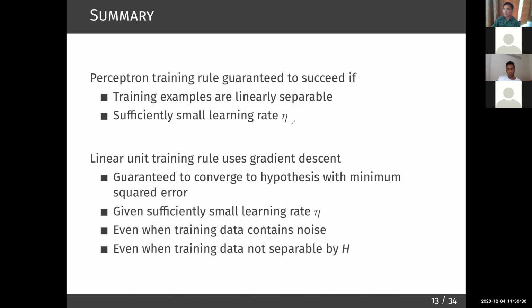The perceptron training rule is guaranteed to succeed if the training examples are linearly separable and the learning rate is sufficiently small. For the linear unit training rule, we use gradient descent because it is guaranteed to converge to the hypothesis with the minimum squared error, by setting the minimum squared error as our error term, given a sufficiently small learning rate n.